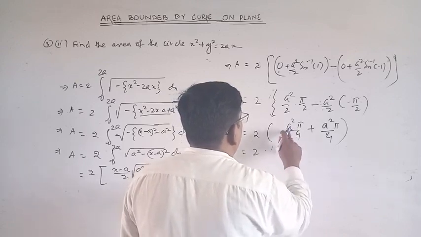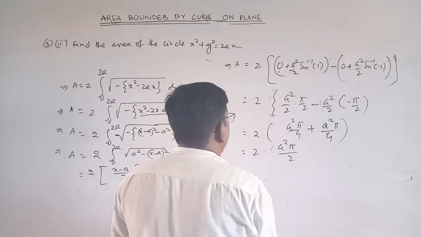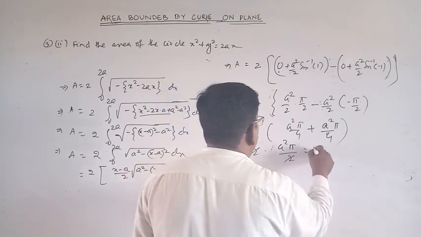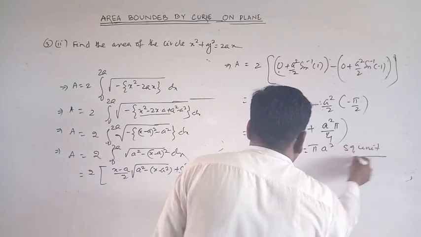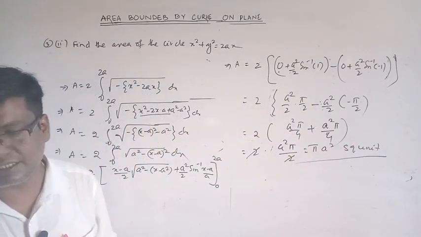This is 1/4, that is half, so it cancels. So this is equal to pi a square unit. This is the area of the circle.